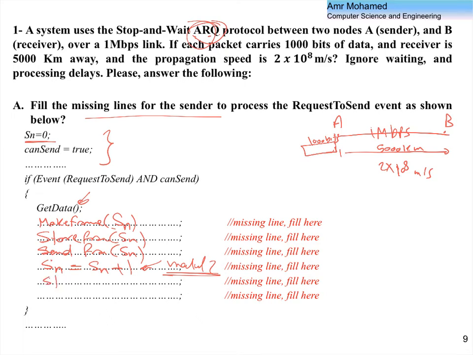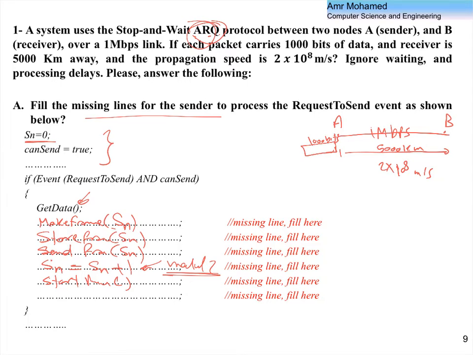Start timer, good. Start timer. Do we have to put SN here? Why? As we said, the only exception where we need to start a timer per frame is for selective repeat only.